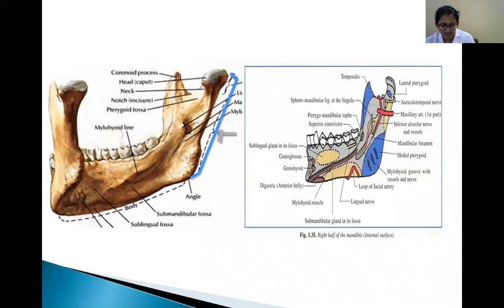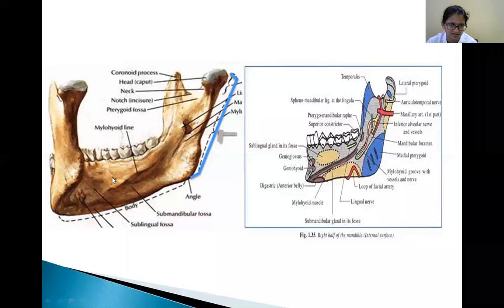Next, coming to the internal surface, or inner surface, of the body. This is a half of the body. Here, mainly, you are going to see the mylohyoid line.